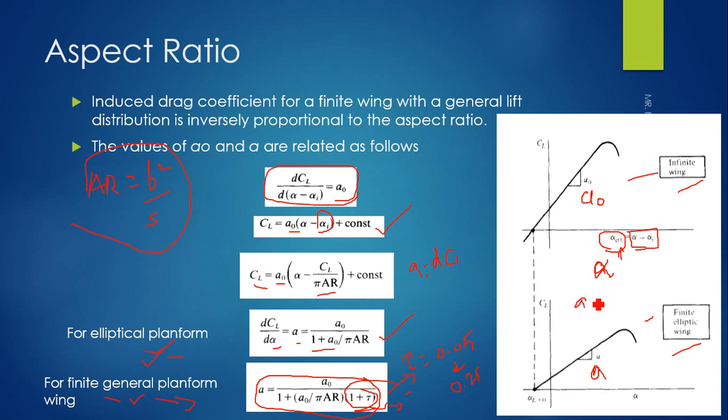The lift curve slope of the infinite wing is greater than that of the finite wing. Okay, just note down this thing.